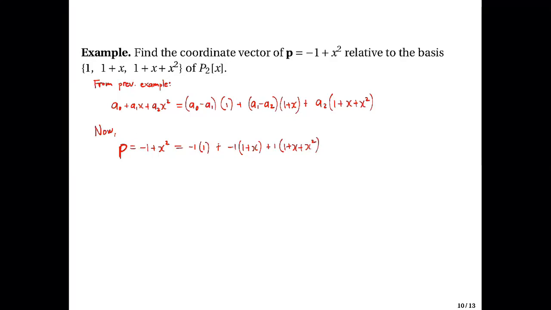But what does this mean? What is the coordinate of the vector P?